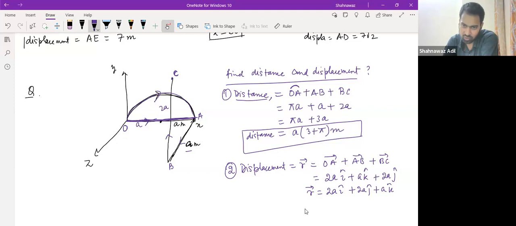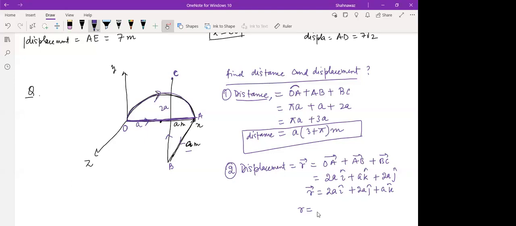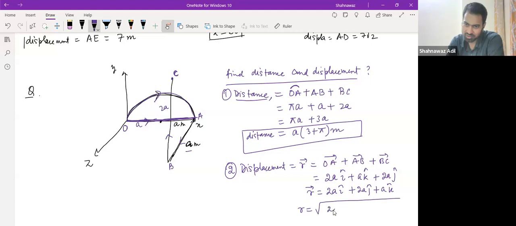So what would be the magnitude? Do you remember? Root of 2A square plus 2A square plus A square. Very well, absolutely right.